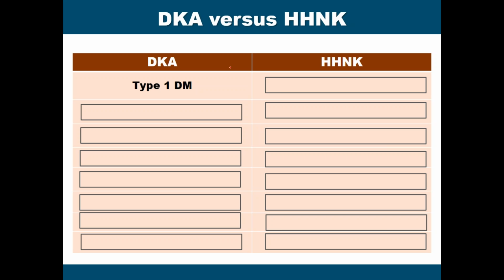HHNK usually happens in patients with type 2 diabetes mellitus, which is characterized by a lack of insulin. So there is still circulating insulin in type 2 diabetes, while in type 1 there's absolutely no insulin. Here you only have a lack or decreased production of insulin.